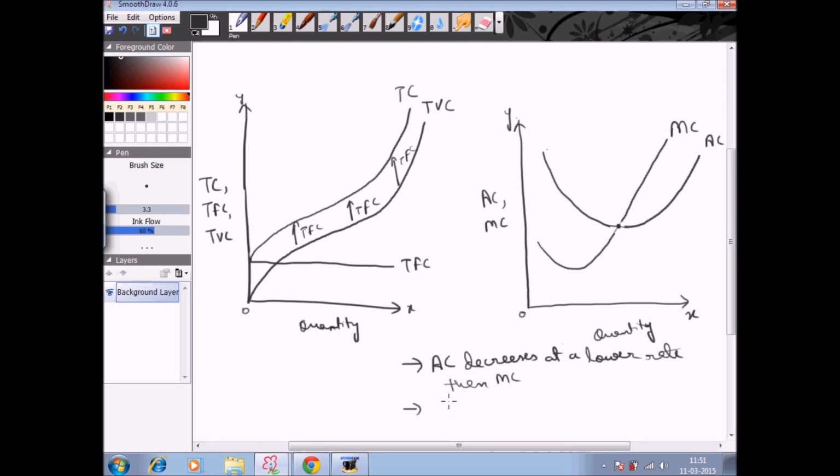Second, that marginal cost increases, average cost also increases, but again at a lower rate.